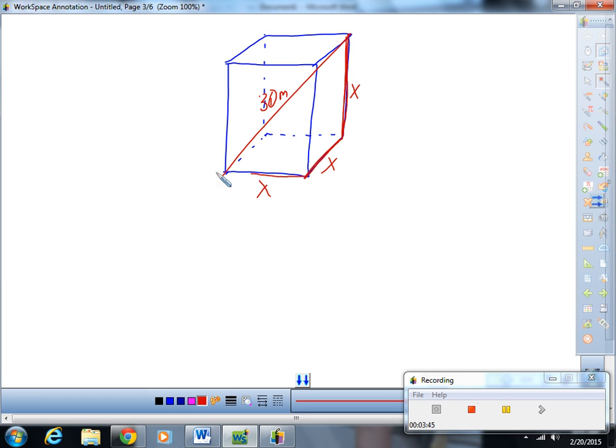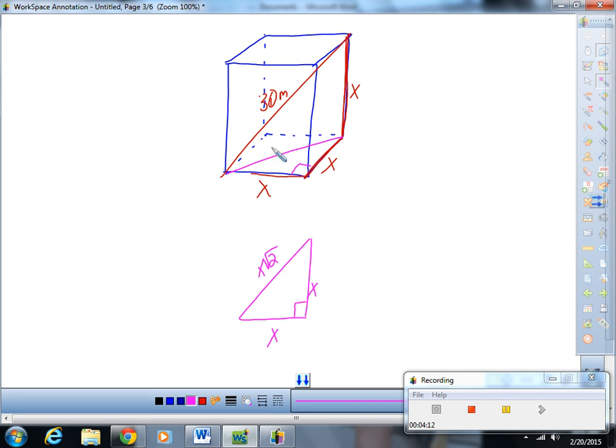Well, I know that the base of the cube is a square. And so from my 30, 60, 90 triangles and 45, 45, 90 triangles, I know that this triangle right here, I'll pull it out. That's a special right triangle. And it's 45, 45, 90, so this pink diagonal is x radical 2.